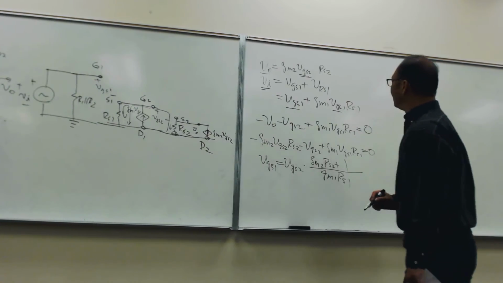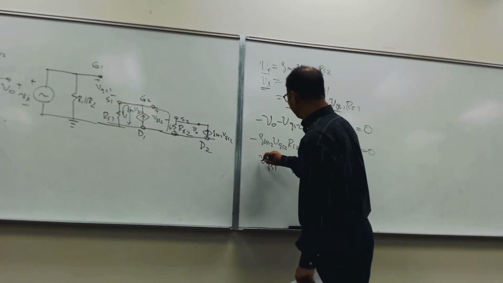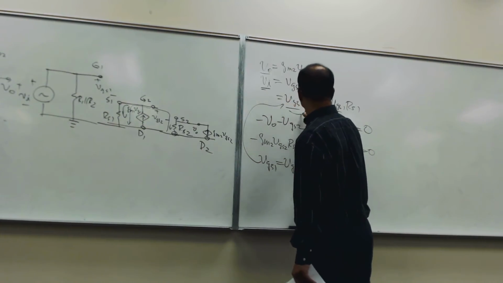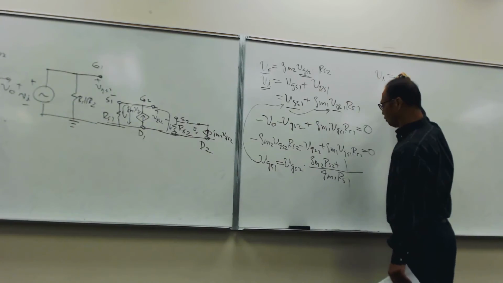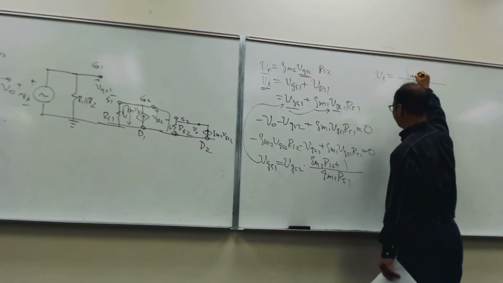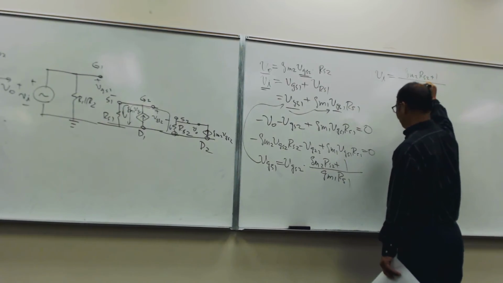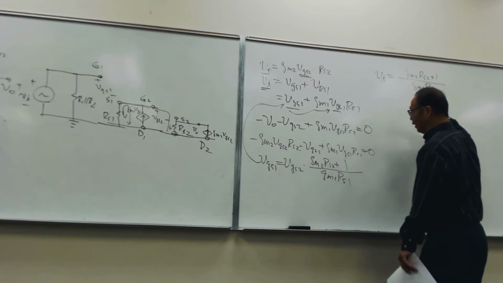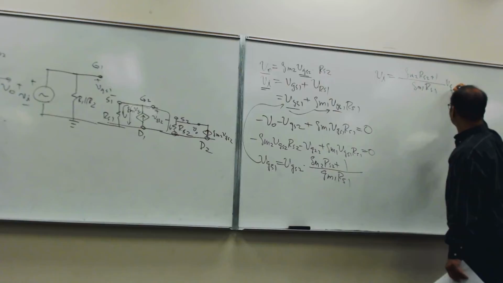Okay. Now what do you do? You go ahead and put it here, right? So V sub I is equal to GM2 RS2 plus 1 GM1 RS1, right? VGS2.